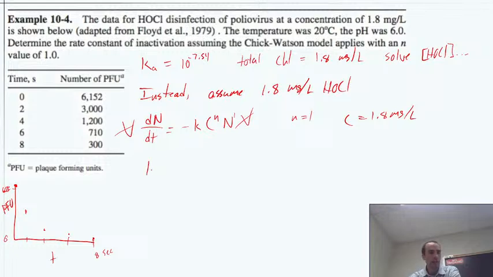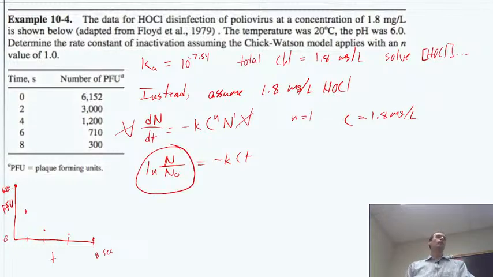So as we go through the derivation, we will get to the natural log of n over n naught equals minus kct. When we take a look from this perspective, one thing that we can do is say, if we can plot this, then we have a time-dependent graph of n, and we have the data for n.